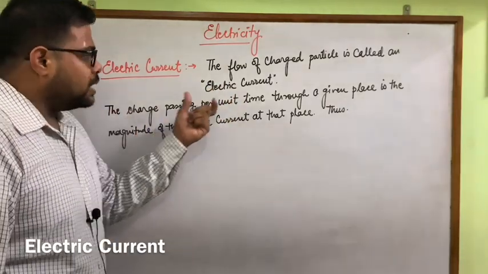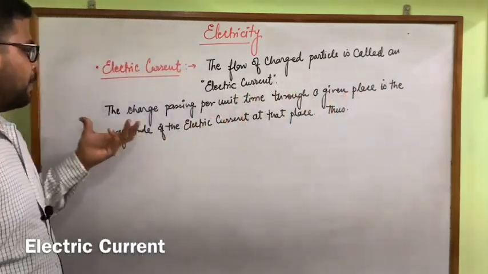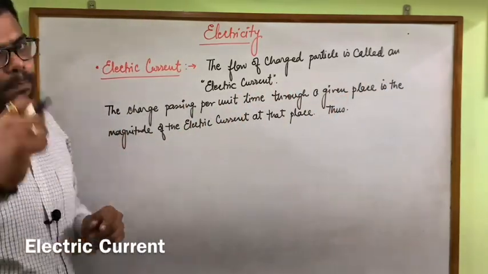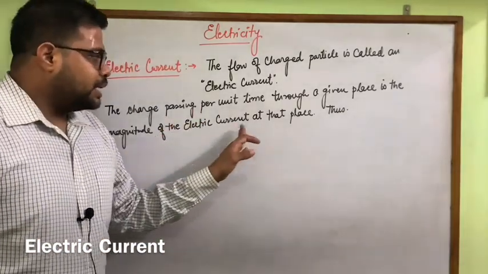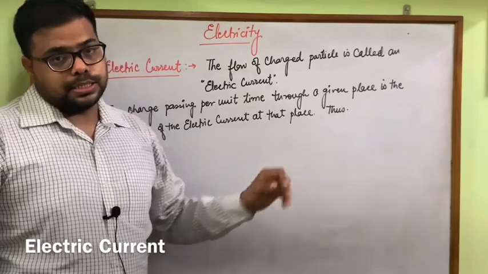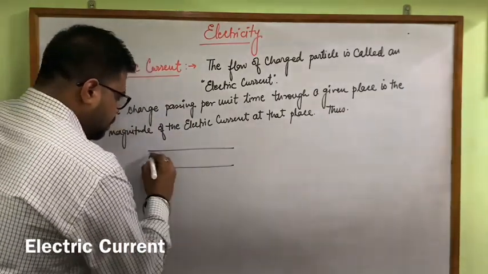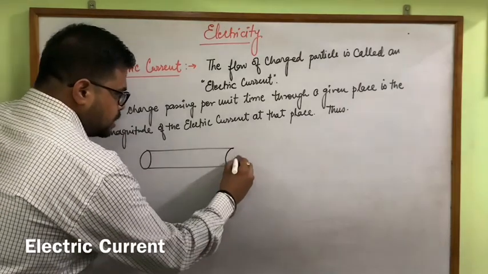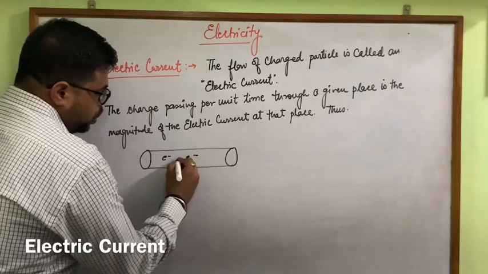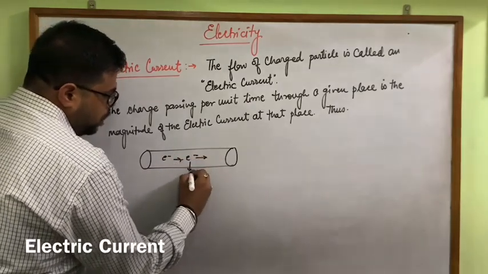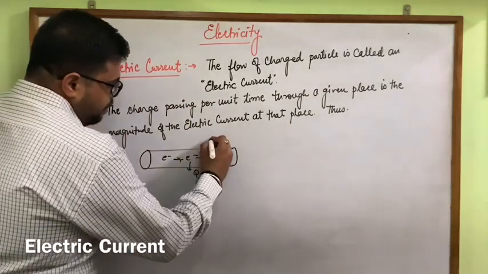The current passing per unit time through a given place is the magnitude. Do you know the magnitude? Magnitude means the numerical value of the electric current at that place. Thus we can write, suppose this is a particular metal piece, and inside it q amount of charge is going to pass in time t.